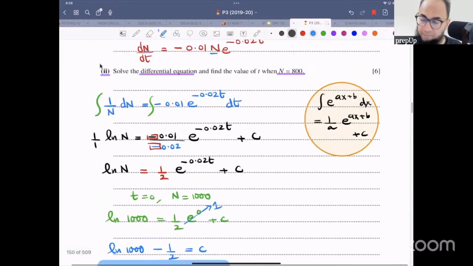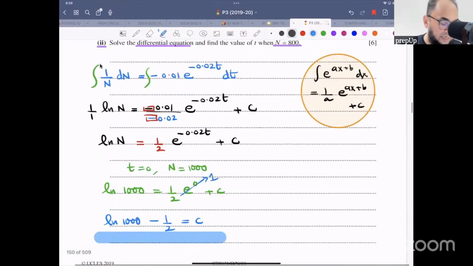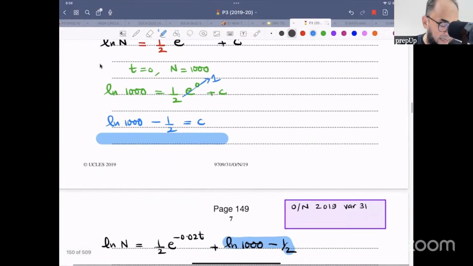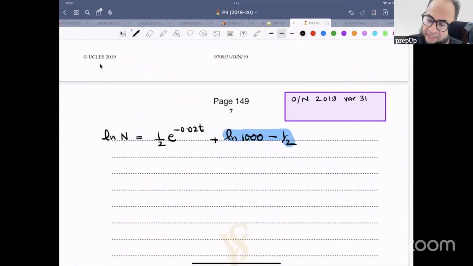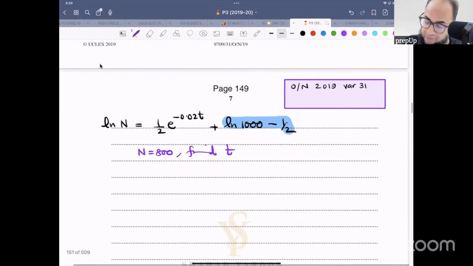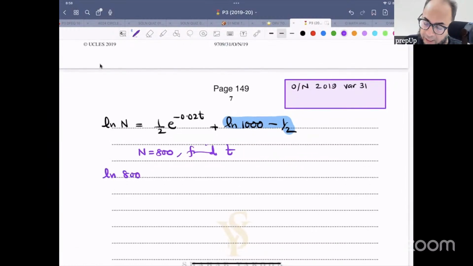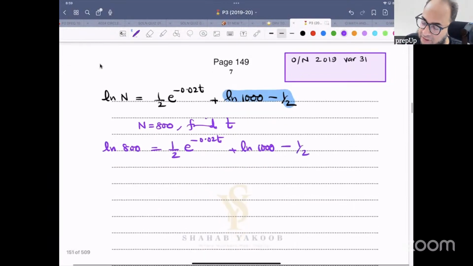And now they are asking, find the value of t when n is 800. So if I plug it in, n is 800, find t. So ln of 800, that is half e raised to the power of negative 0.02t plus ln of 1000 minus half.